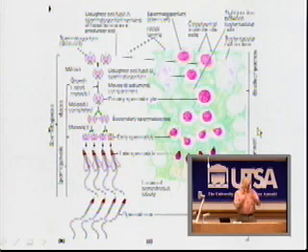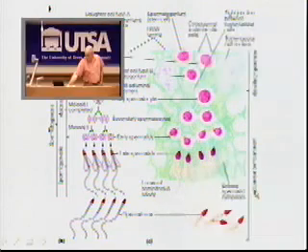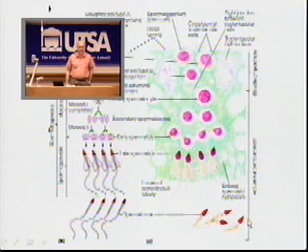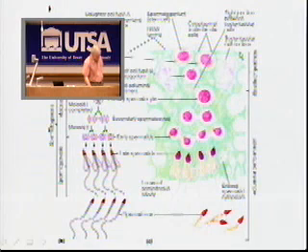So AD means that it's close, right? So the adluminal compartment is closer to the lumen of the seminiferous tubule. The basal compartment is at the base of the epithelial layer at the periphery of the seminiferous tubule.